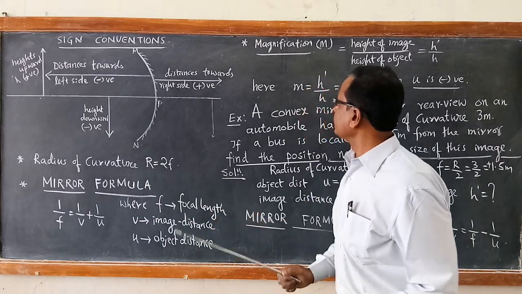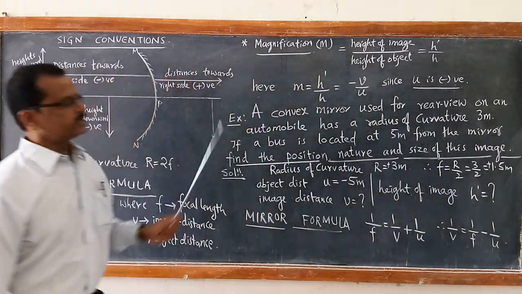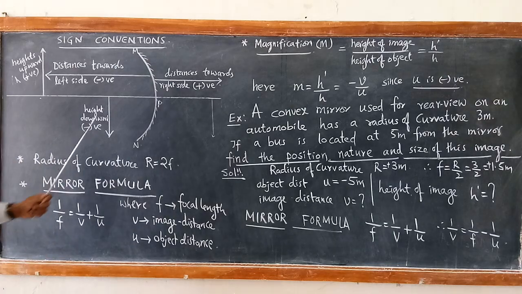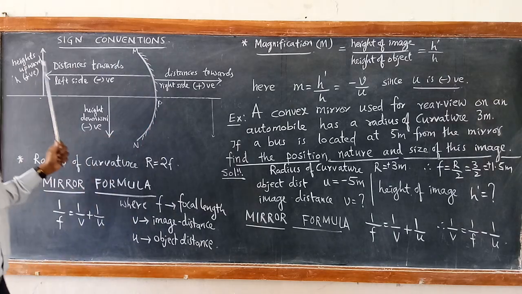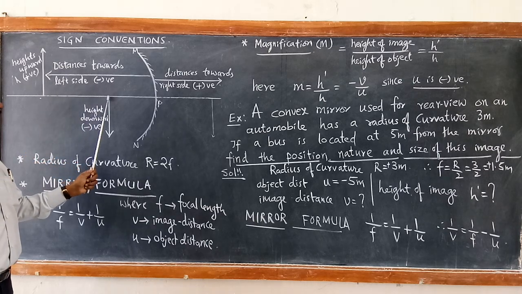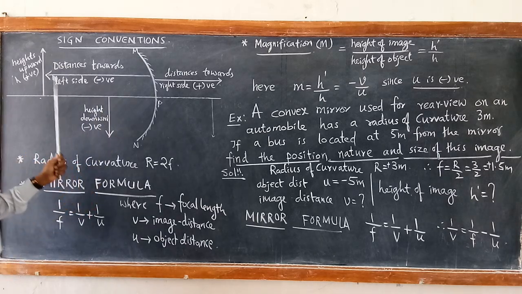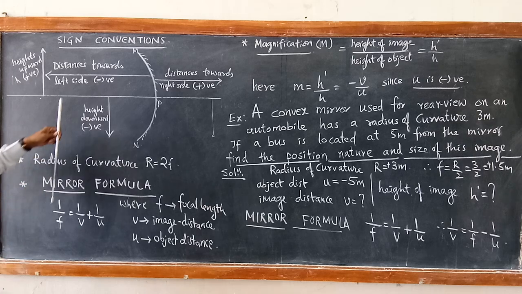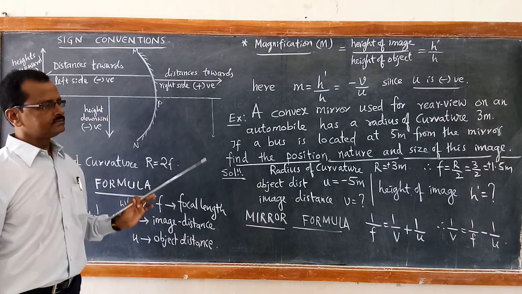Okay, fine. One more thing to be remembered is magnification. When the object is kept over here, the image that is formed may be smaller in size, or sometimes the image that is formed may be larger in size. Then we define a quantity called magnification.